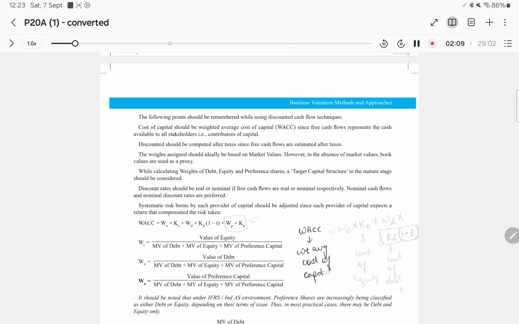How to calculate weighted average cost of capital is, we'll take weight of equity into KE, that is cost of equity. Then we'll take weight of debt. Firstly, I'm writing the formula, and then I'll explain the entire formula's meaning. Then we'll go with weight of debt.